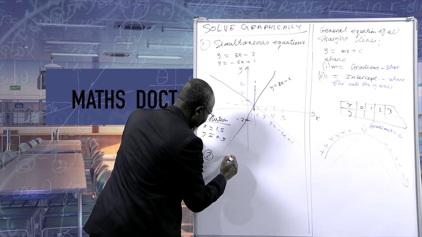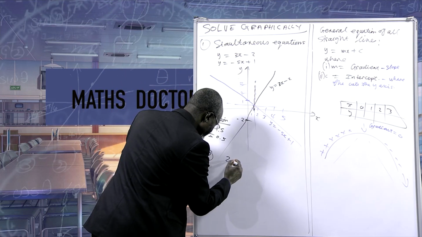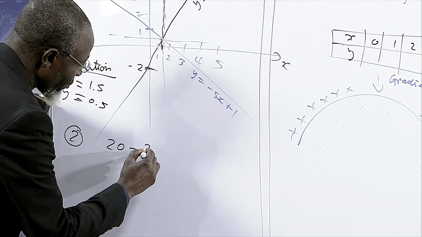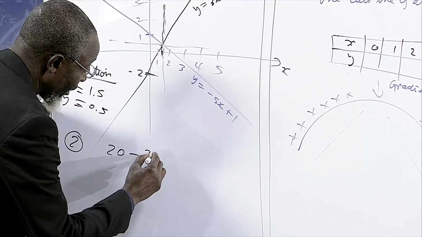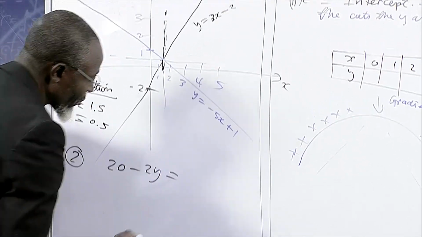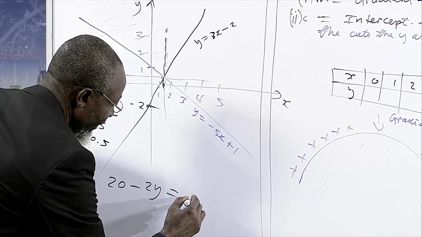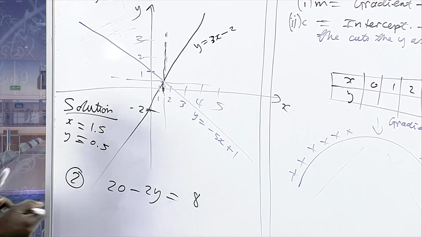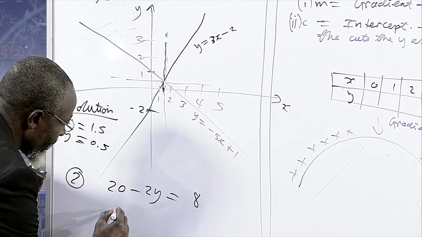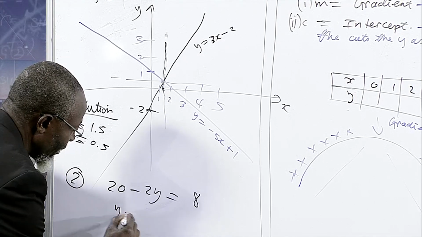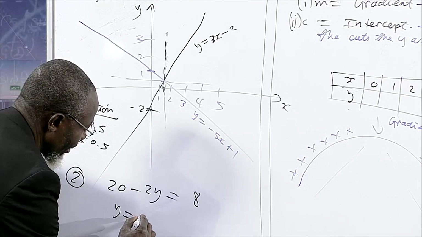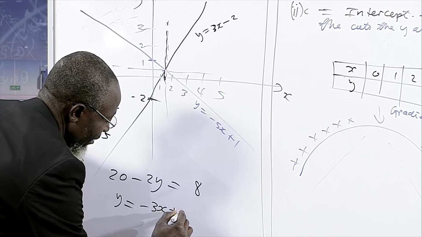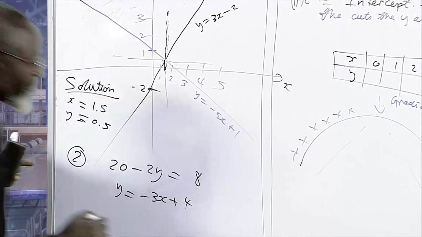Let's say you are saying 20x minus, let's say 2y is equal to let's say 8, right? And the other equation is something like y is equal to minus 3x plus 4, for example.